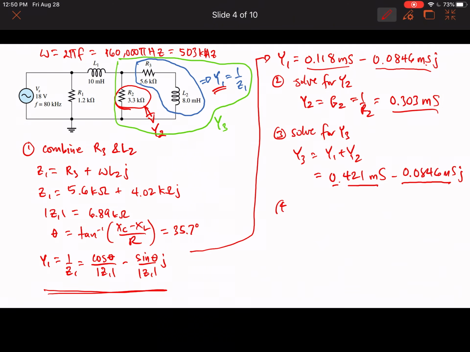So the next thing that we need to do is to solve for Z3, or let's say Z2 instead, because we don't have Z2 yet. Z2 is just the reciprocal of Y3, and we already know how to do that simply by using this equation here.